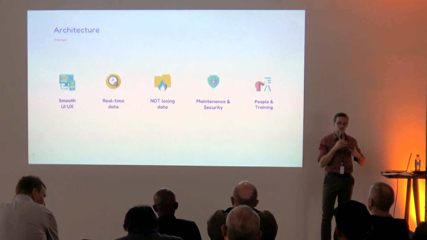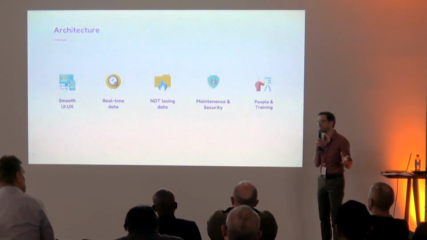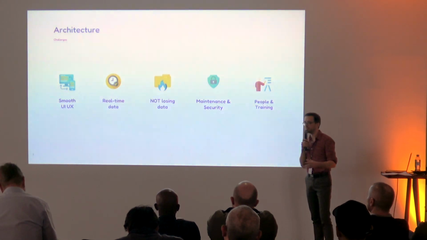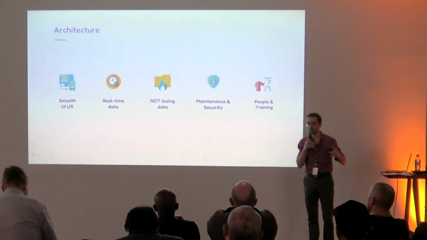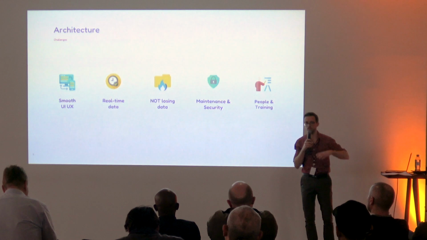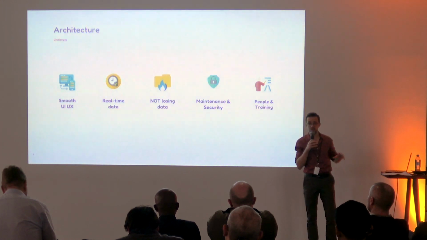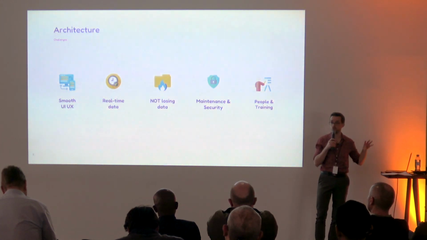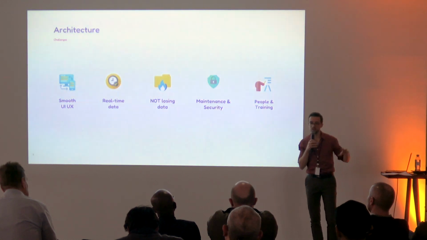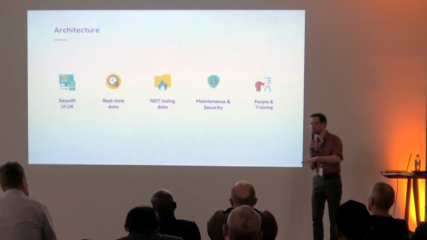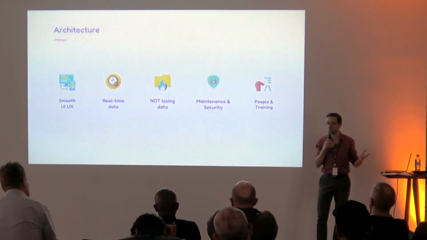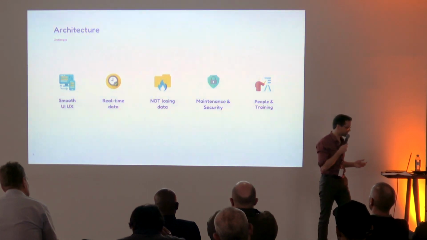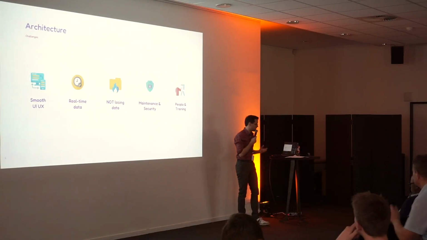So for me, even if it's not the architecture itself, but more about how you're gonna build on top of that, you have to think about this first. And of course, if you have the best architecture possible, you will also have, I think, the best user experience possible. So that was the first challenge.